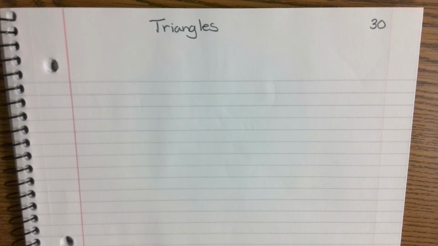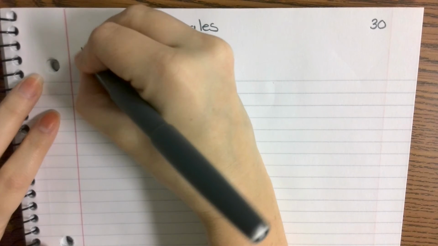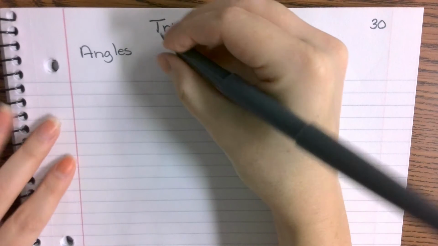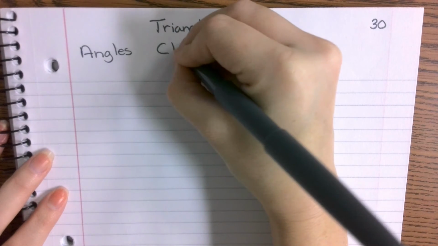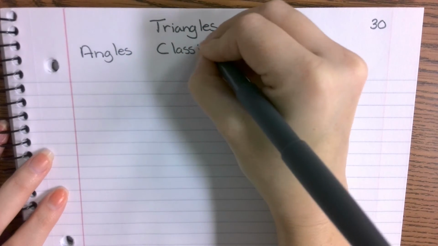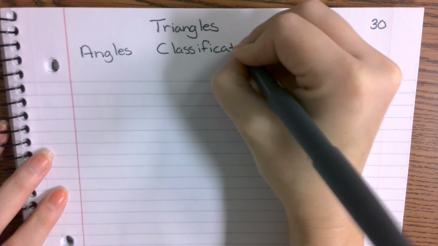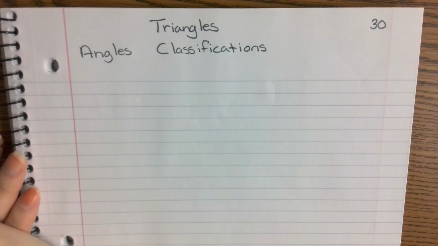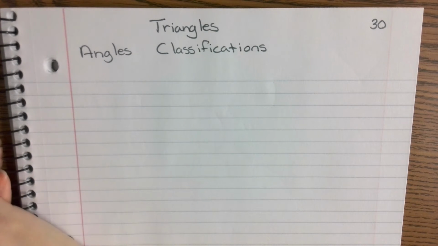Triangles can be classified in two ways. They are classified by their angles, so we have an angles classification, and we also have a sides classification. Triangles are made up of 3 angles and 3 sides, so it only makes sense that you can classify them by their 3 angles and by their 3 sides.